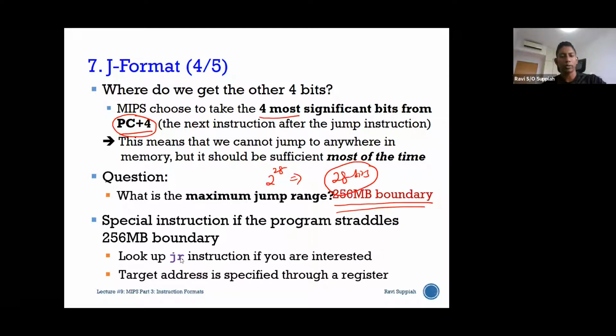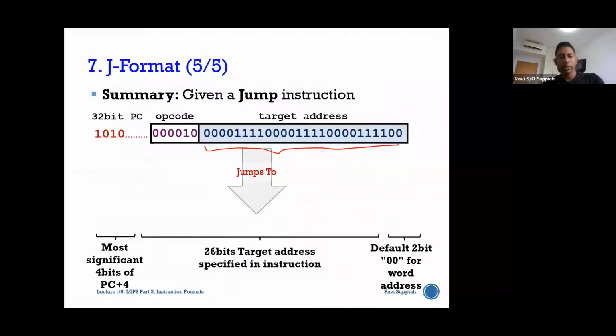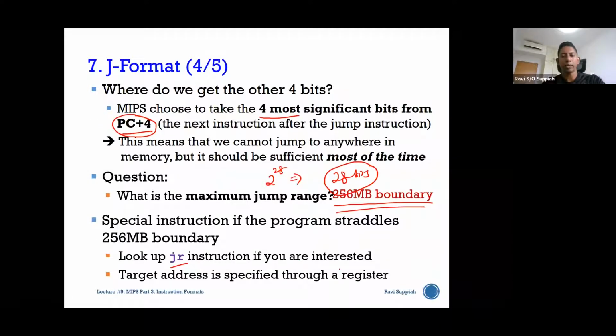One of them is what we call a JR instruction, where we jump, but we specify the address in a register. This is not something we are going to cover, just for information only. What we want to know is, as long as we know how to interpret the jump instruction using this format, then that is good enough.